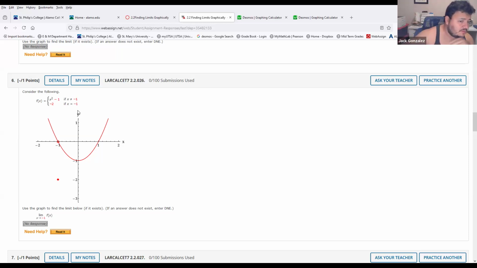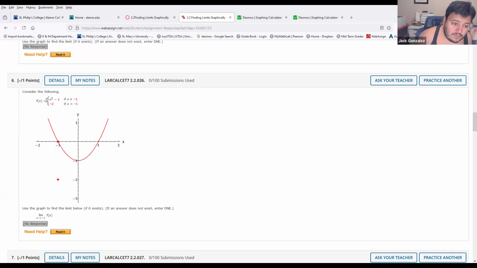In this case, you've got a parabola and then you have a point. You can have a line and a parabola. You can have a cubic and a square root, whatever. You can have 3 or 4 functions glued together, or I guess graphs that create a function, as long as it fits the definition of a function back in college algebra.